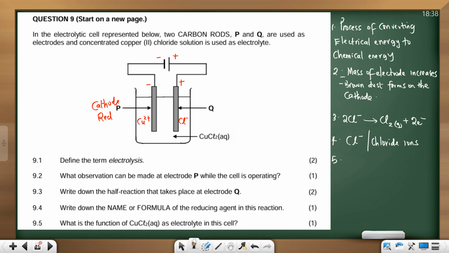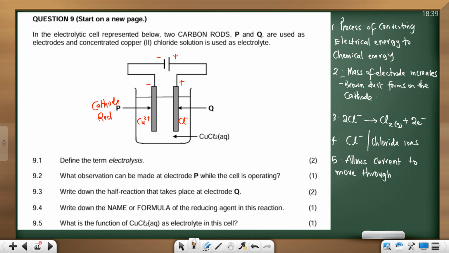Number 5. What is the function of CuCl2 as electrolyte? They are simply asking you to define electrolyte. Allows what? Electricity to pass through, because that's the function of an electrolyte. Allows electricity or current to pass through, through the movement of what?